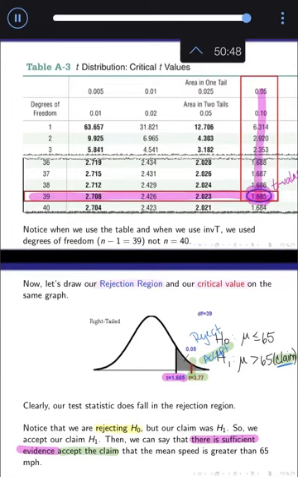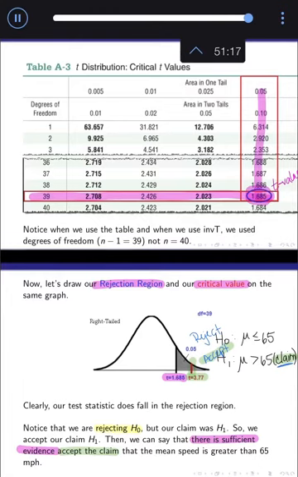This 1.685 that creates our rejection region can also be called a critical value. So again, this covers both methods of hypothesis testing for means, and it all is based on whether or not you have sigma as to whether you're going to use z's or t's.